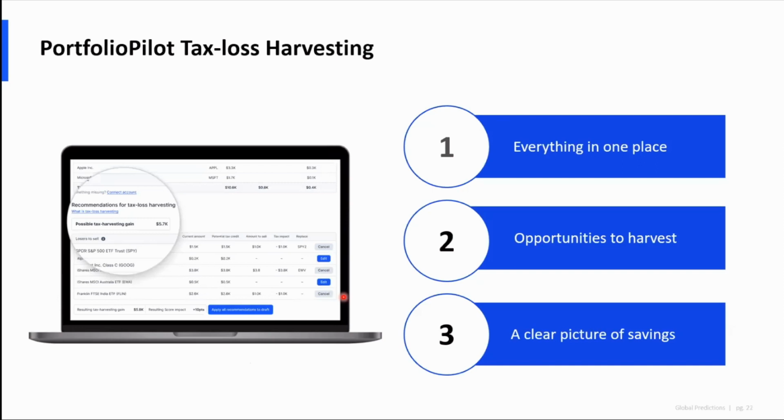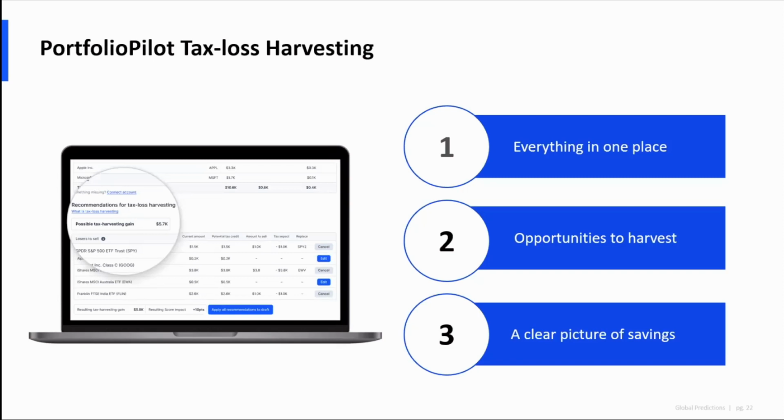Yeah, thanks, Reed. This is really helpful. And I think it's one thing that as we started looking into this, we were just like, this is something that has a potential to save a significant amount of money each year. And I think one of the things that we realized as we were looking into this and seeing what else is available, is that there isn't a tax loss harvesting tool that's available for self-directed investors.